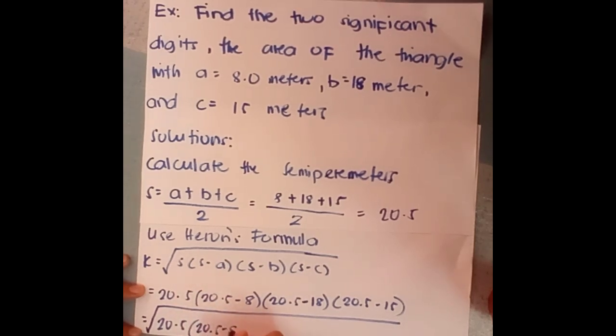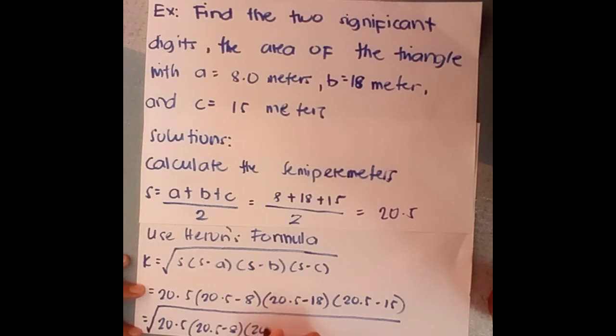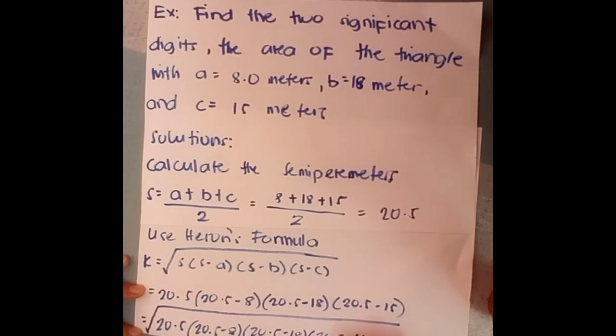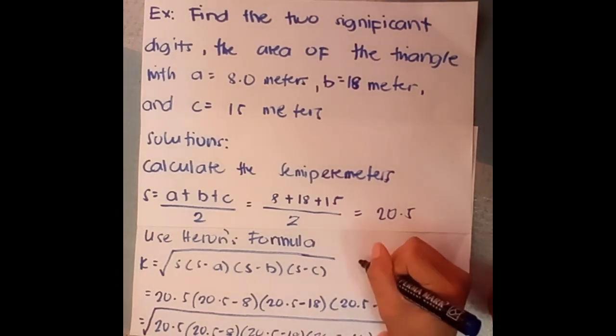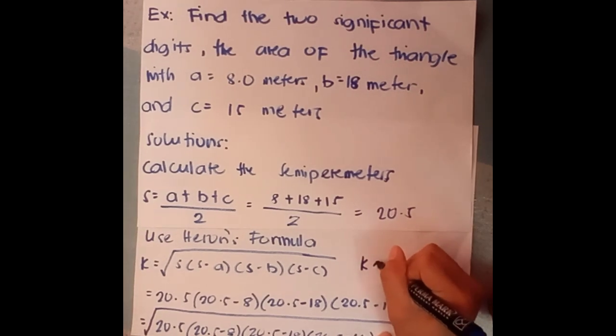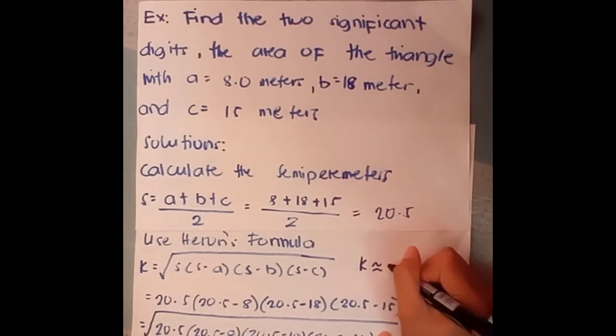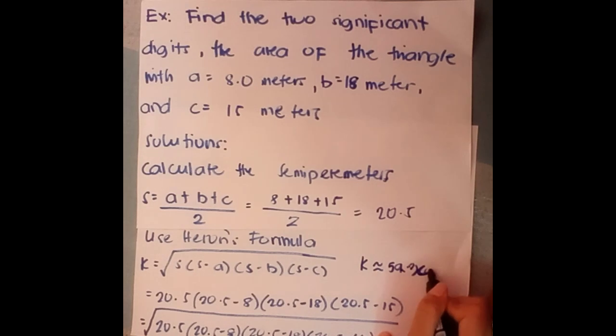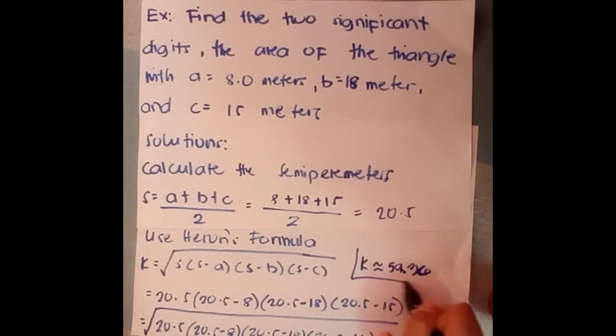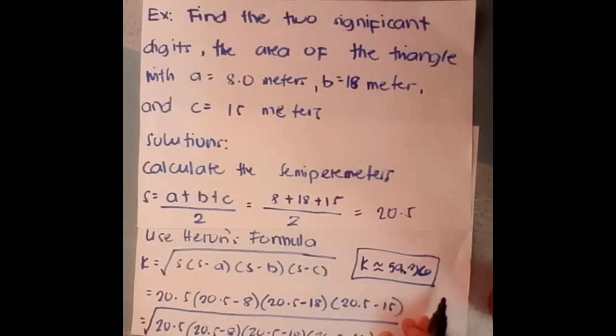Substitute, then square root of 20.5 times 20.5 minus 8 times 20.5 minus 18 times 20.5 minus 15 equals K equals 59.36. That is the value of K, 59.36.